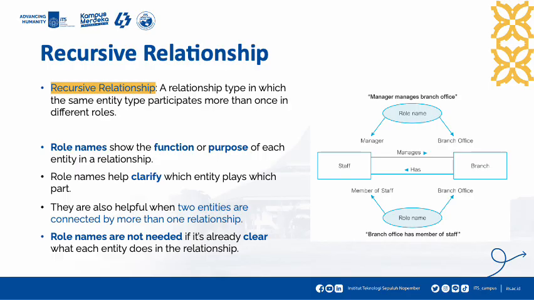So to clarify the manage relationship, we add role names here: manager manages branch office. And then for the has relationship type, we have another role name for the staff entity. It's member of staff. So we have branch office has member of staff. So it's not manager anymore. It's how to clarify which entity plays which staff part.